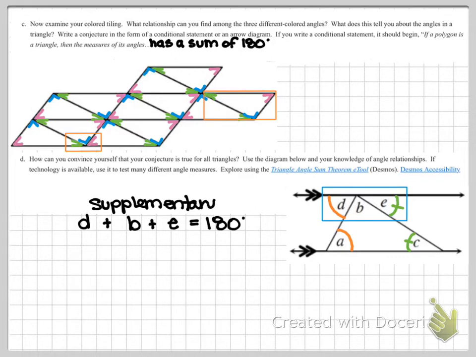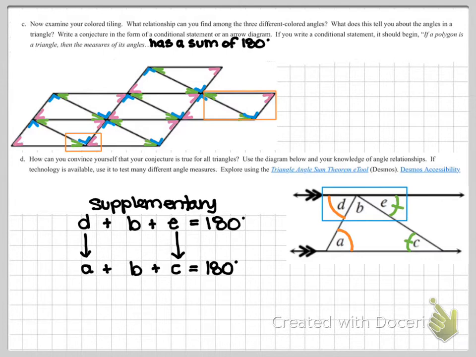But if you take a look back at the picture, because of the alternate interior business, we know that D and A are technically the same size. So I'm going to replace D with A. I'm going to drop down B, and then same rationale: we know that E and C were alternate interior angles. So now we can say that those are 180 degrees.